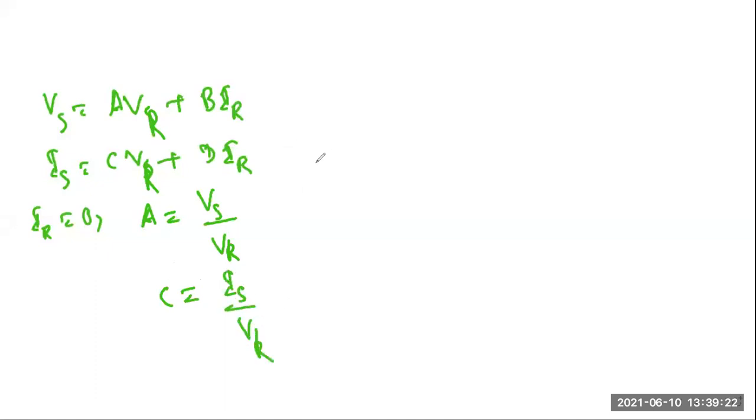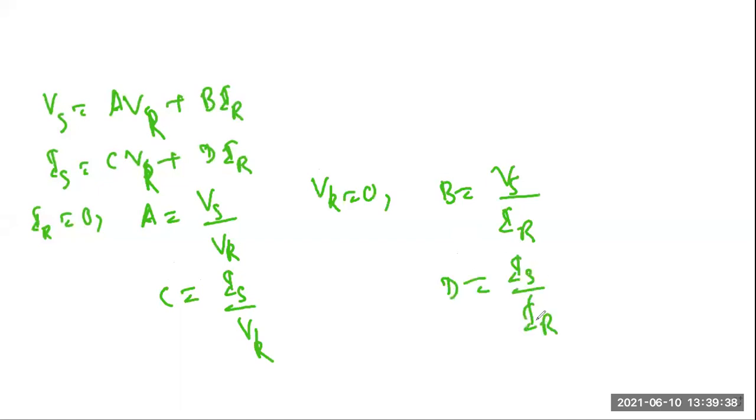Similarly, if VR equal to 0, then B will be equal to Vs by IR and D will be equal to Is by IR. So this is the process of how to calculate these parameters.